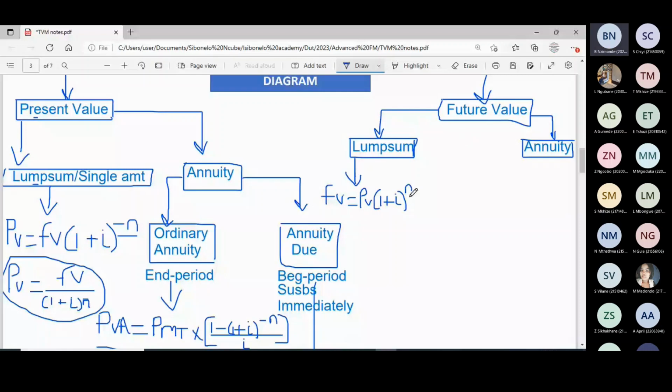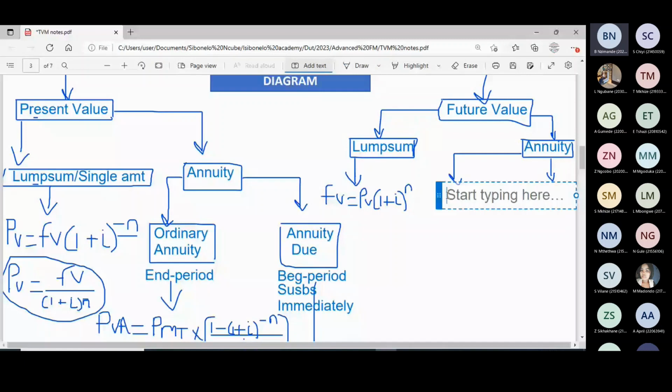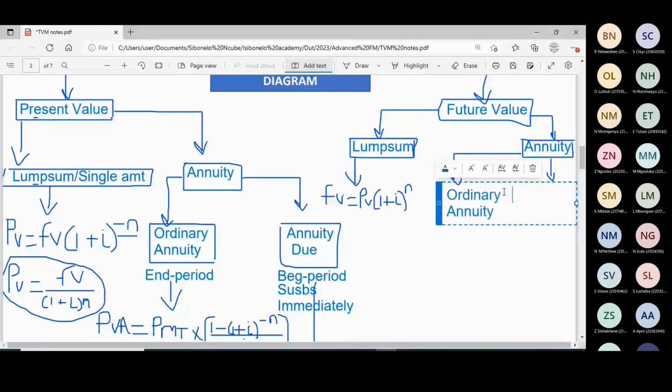And then remember, annuity is divided into 2, ordinary annuity and annuity due. So the future value of an ordinary annuity and the future value of an annuity due.